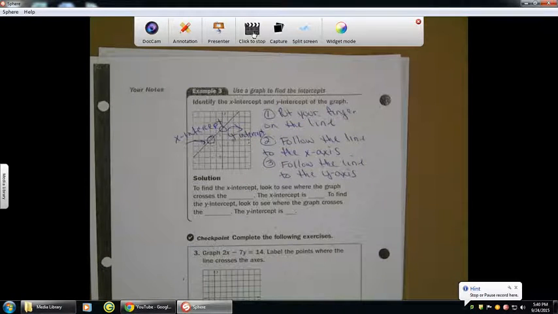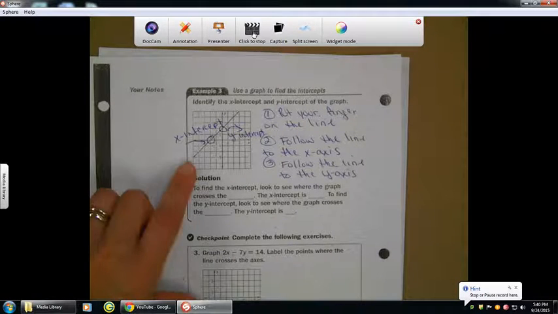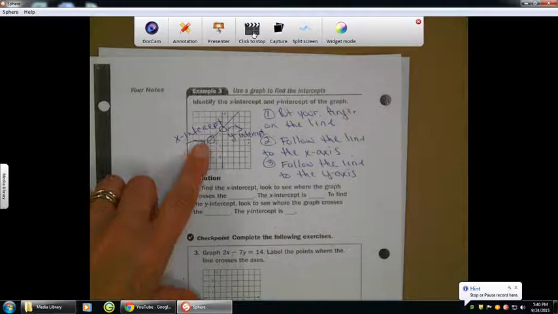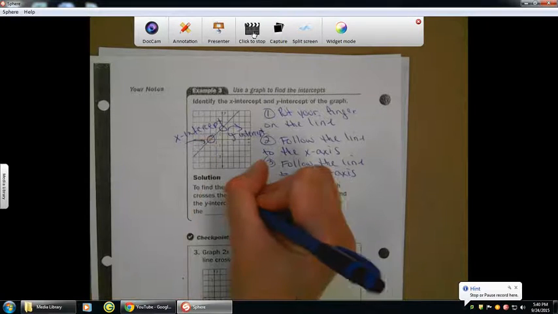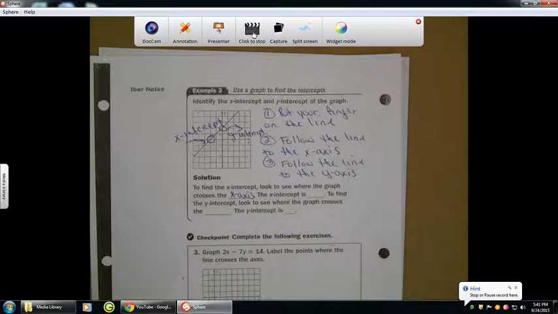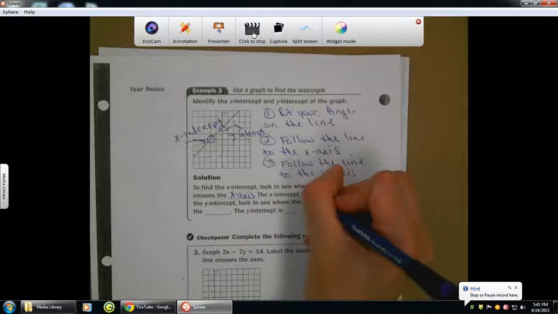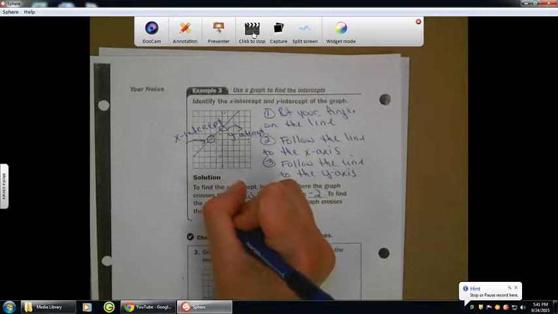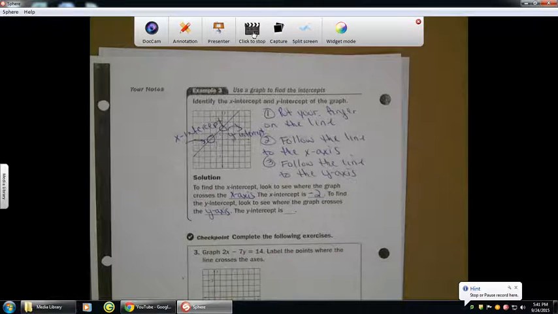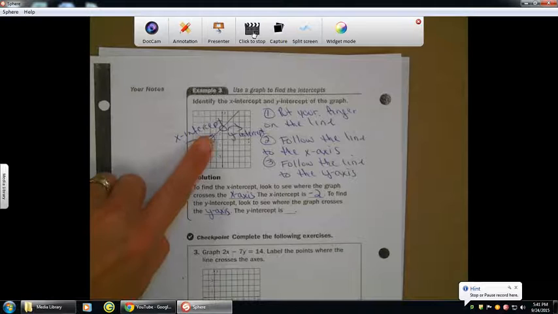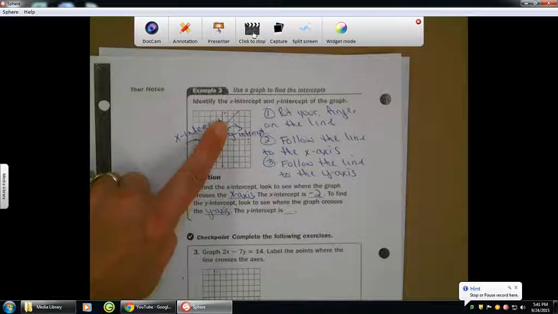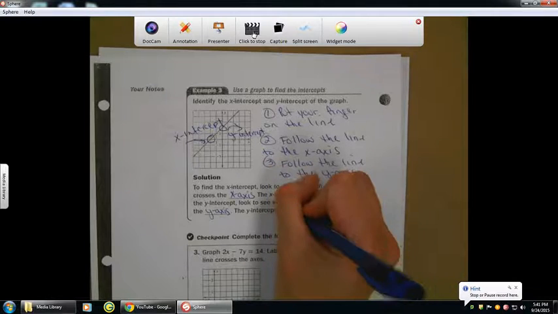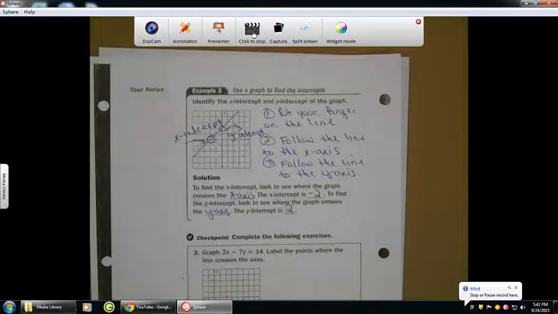In this case, if I'm following the line to the x-axis, the x-intercept is -2. If I continue following the line until I hit the y-axis, I find the y-intercept, which is +2. Okay?